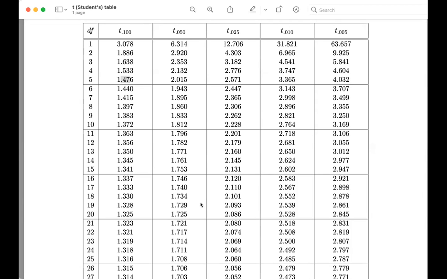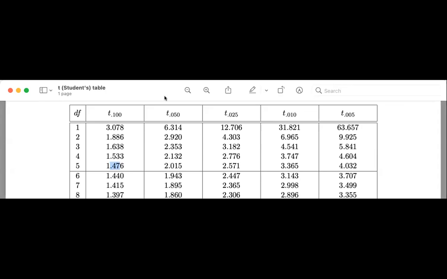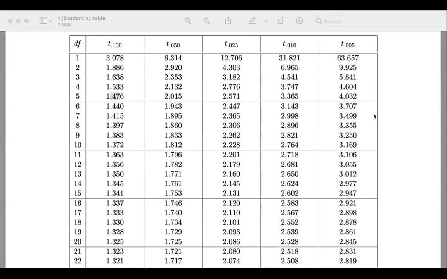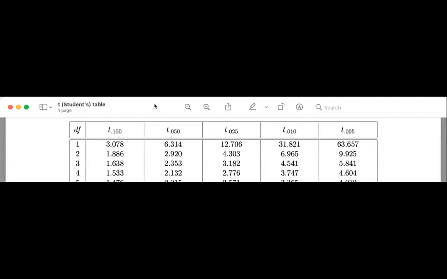It's a 98% two-tailed test, so 98% would be in the middle, 1% on one side and 1% on the other side. We find that our critical value is 2.539 for that test statistic.